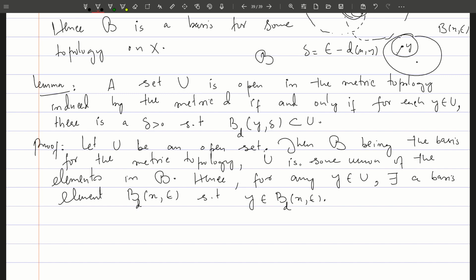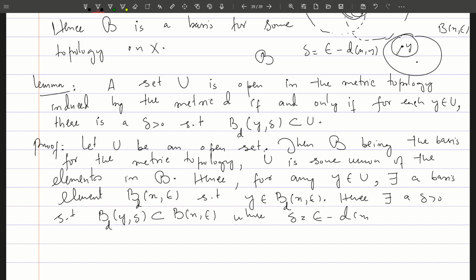So hence there exists a delta positive such that the ball centered at y and radius delta is contained in B(x, epsilon), and this delta is actually epsilon minus the distance between x and y.